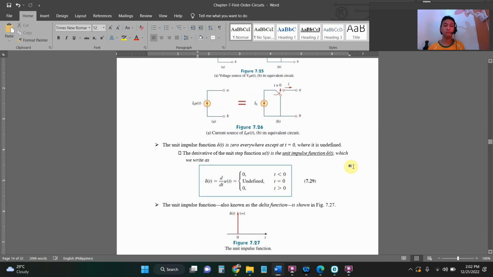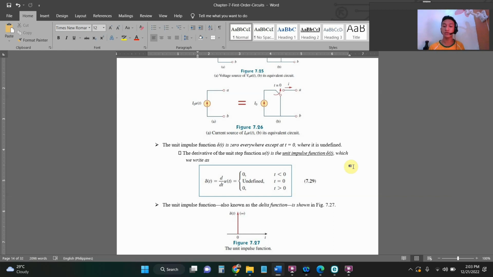The unit impulse function is 0 everywhere except at t equals 0, where it is undefined. The derivative of the unit step function is the unit impulse function, which we write as delta of t equals d over dt of u of t.